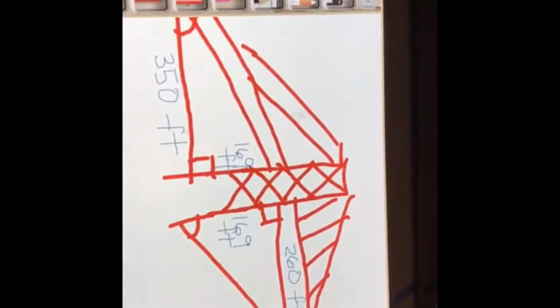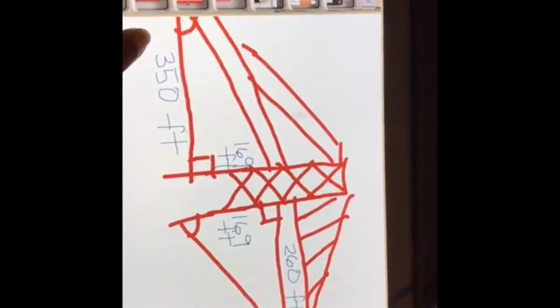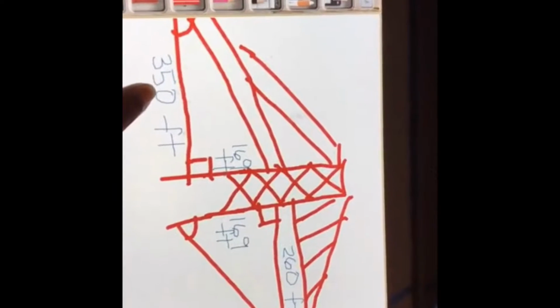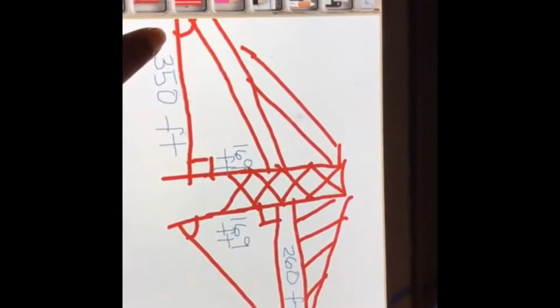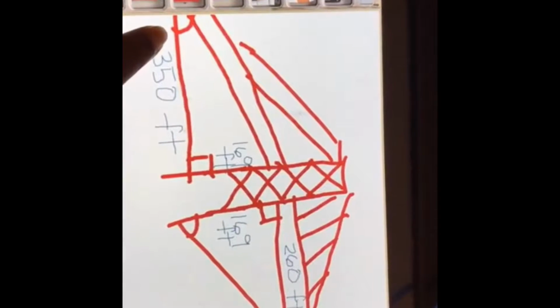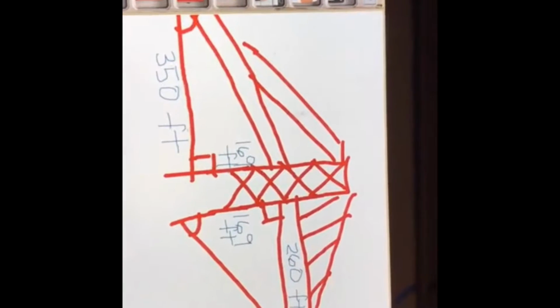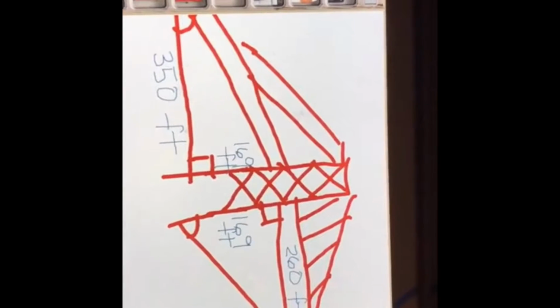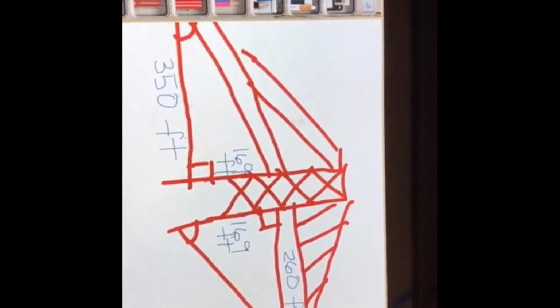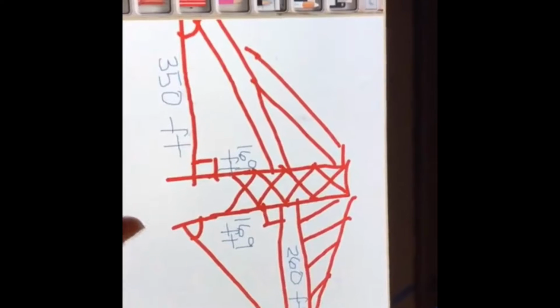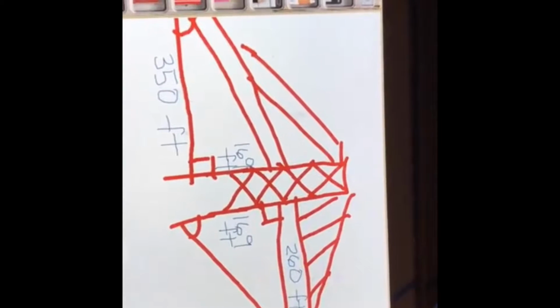So when using the skills that we know, 350 would be adjacent to the suspension angle, and the vertical bar, which is 169 feet, that would be the opposite. So moving on to triangle 2, this is the angled bar.